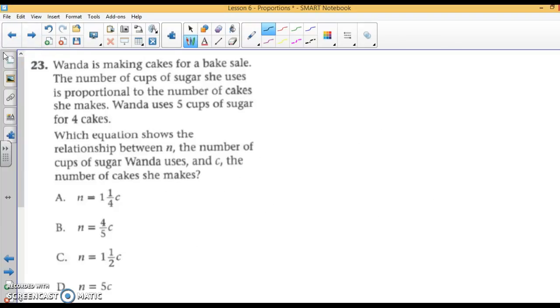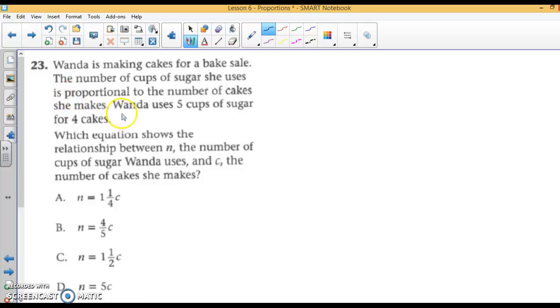Do this one. Go ahead and pause it again. Wanda is making cakes for a bake sale. The number of cups of sugar she uses is proportional to the number of cakes she makes. So, the sugar to the cakes. Wanda has 5 cups of sugar for 4 cakes. So, let's rewrite it.